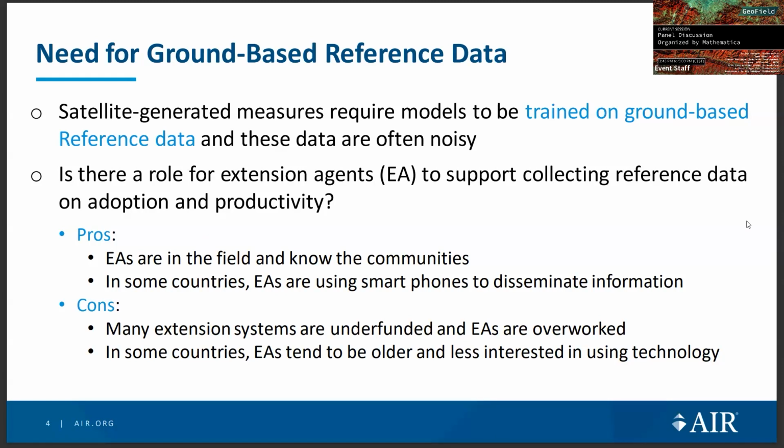But I think there are major constraints for actually trying to get reference data from extension agents. I'm giving a lot of examples from sub-Saharan Africa, because that's most of the work that I do, the countries that I know. But in many of those countries, the extension systems are underfunded and overworked. These people are responsible for major areas, tens of thousands of farmers.